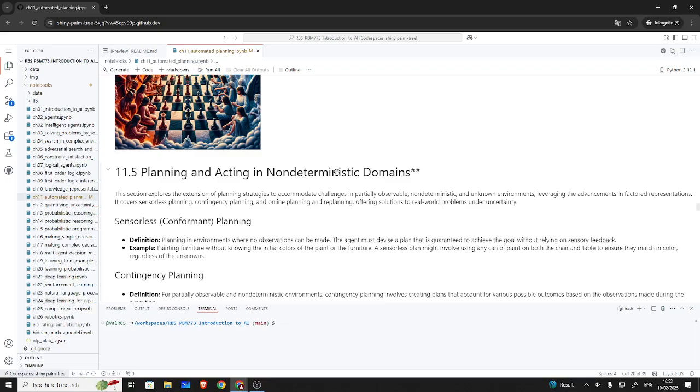We don't have all the variables. So then we'll have to move on to belief states. You'll have to have a level of certainty, and planners will have to worry about these beliefs. And also, how do we add information to the schema?